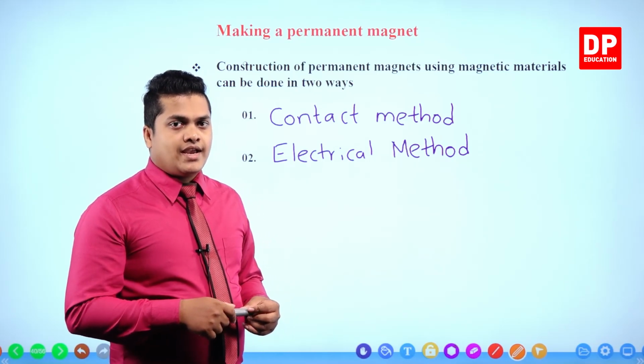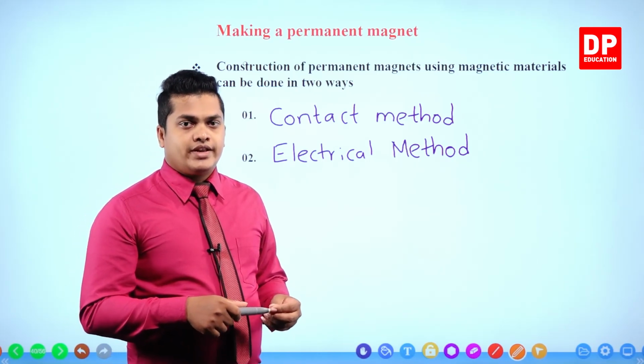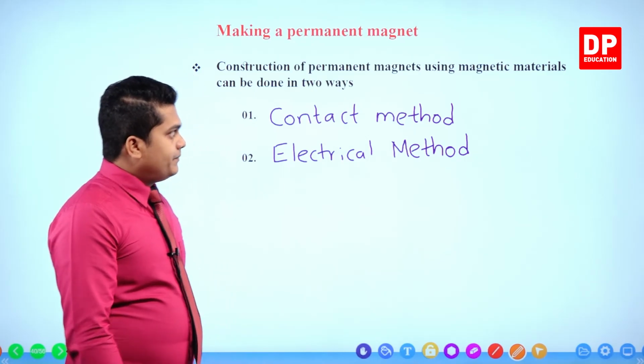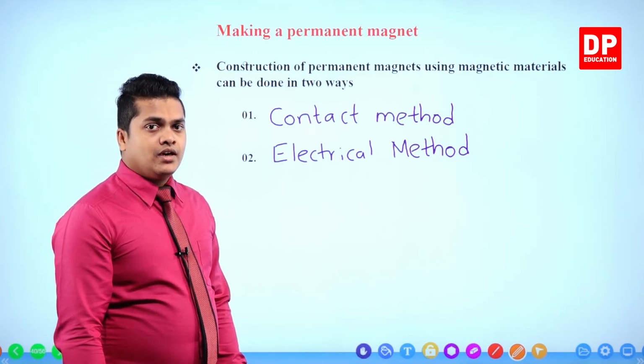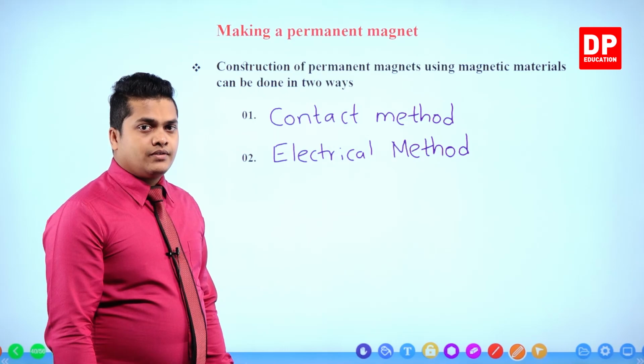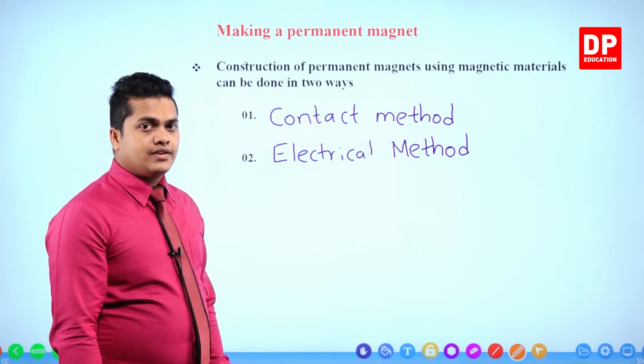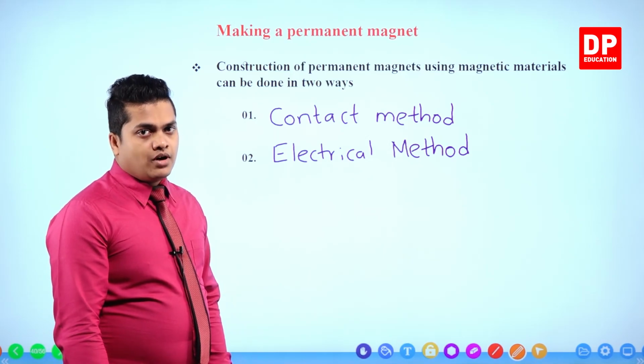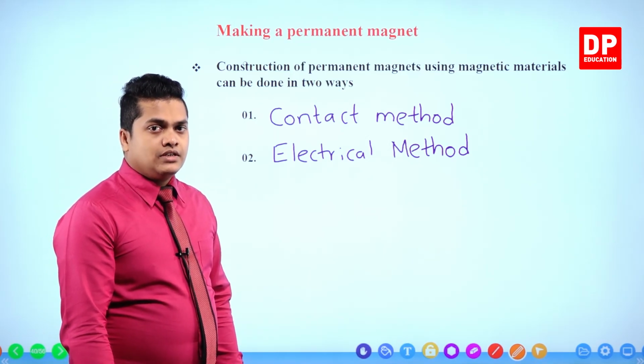One is the contact method and the other is the electrical method. Now we'll see how we could make a permanent magnet in our next chapter.